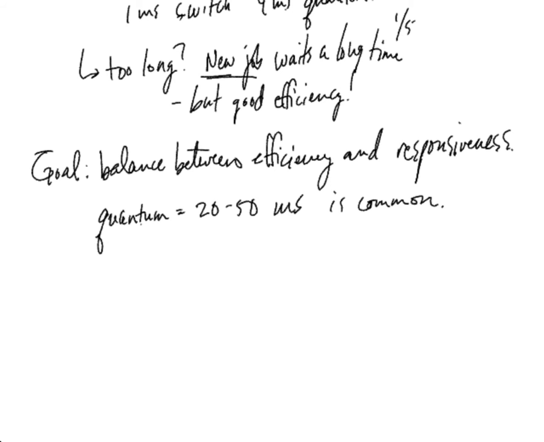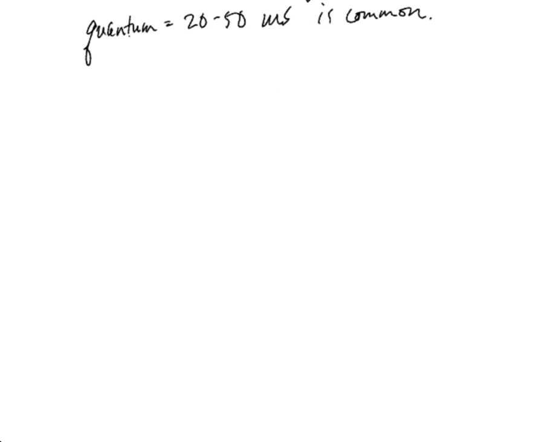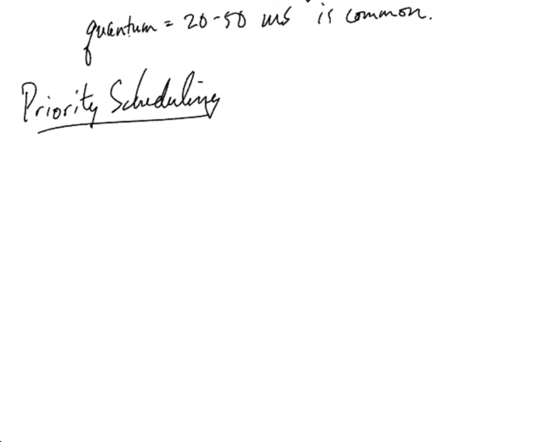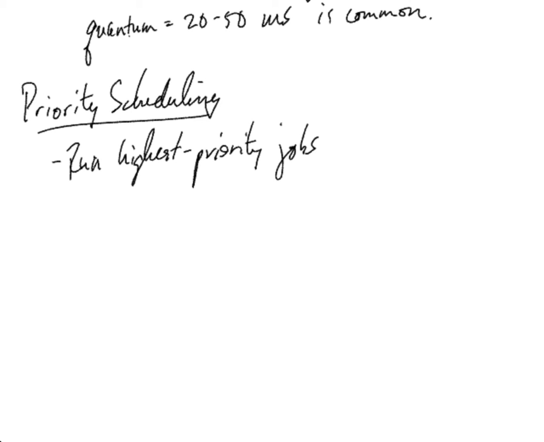That's round robin. Another approach to scheduling is called priority scheduling, where we run the highest priority jobs round robin style. So let's look at what that looks like.